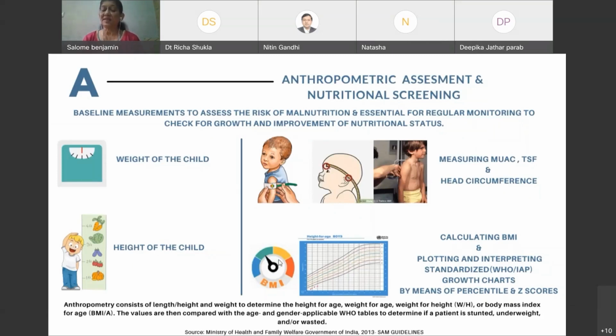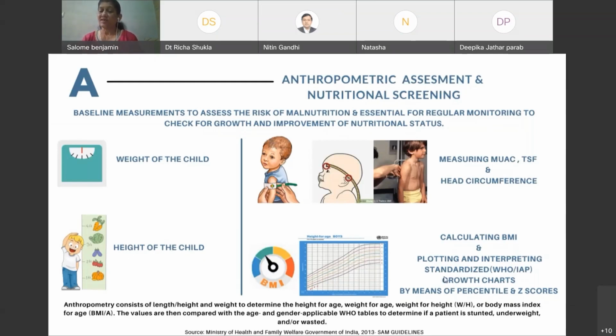Also the BMI chart above 5 years, we have it, Dr. Khadilkar's and the IAP merged one. You can use the blue and pink ones for boys and girls, and assess these criteria before you go into any management or before you label the nutrition diagnosis.